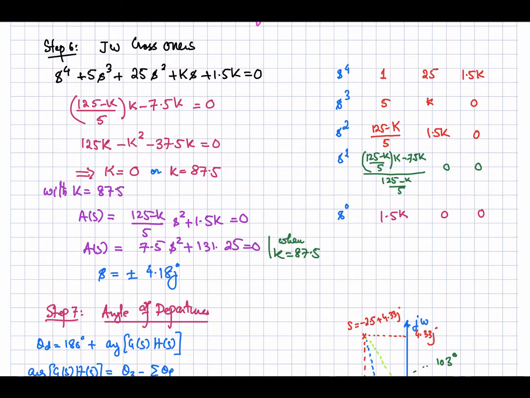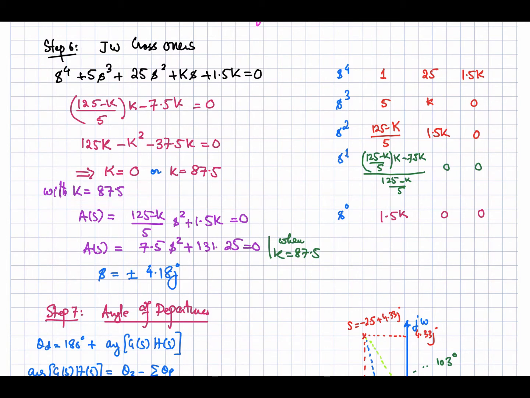If we test it with 87.5, definitely this is going to become 0. Now why am I not going to consider k equal to 0? Because if we consider k equal to 0, this will also become equal to 0, and that is not possible. The sign change should not be there. So we are going to take k equal to 87.5.